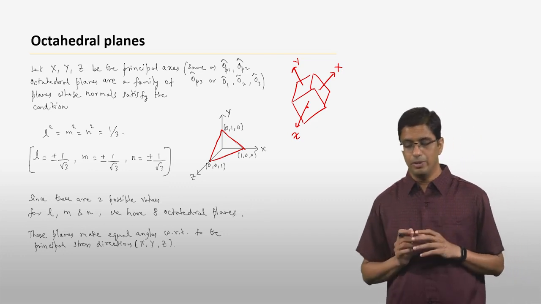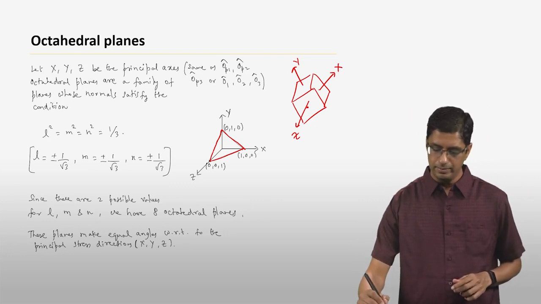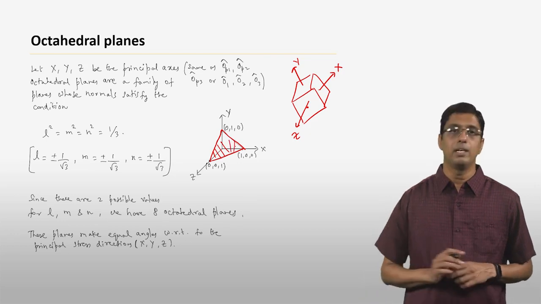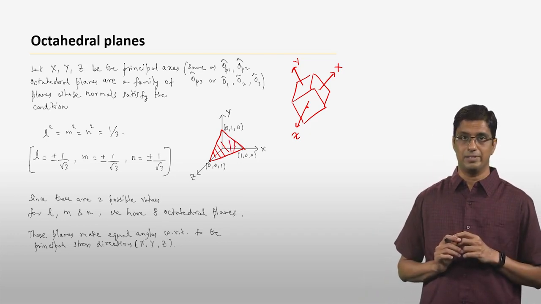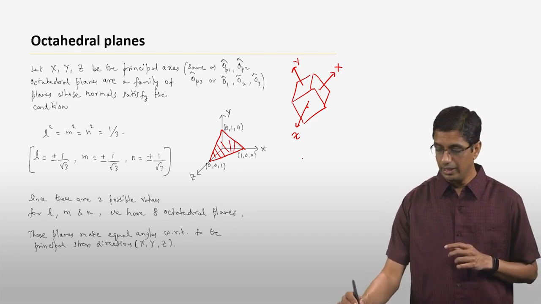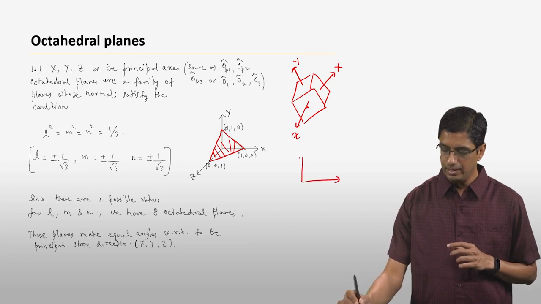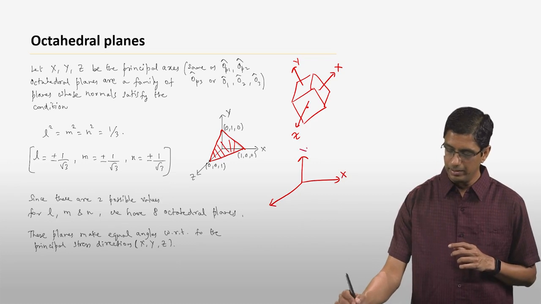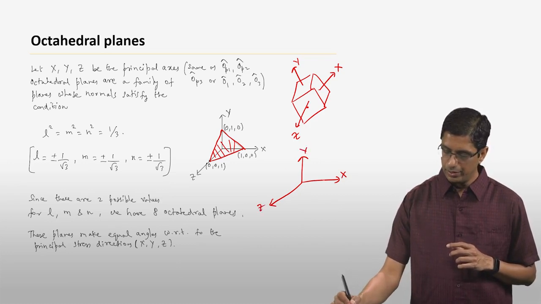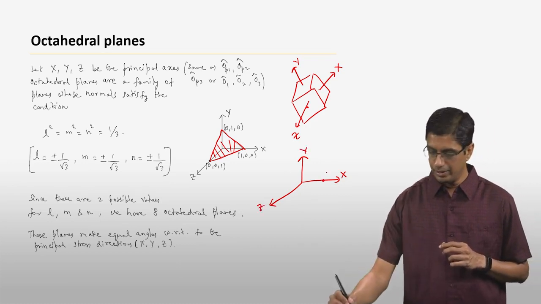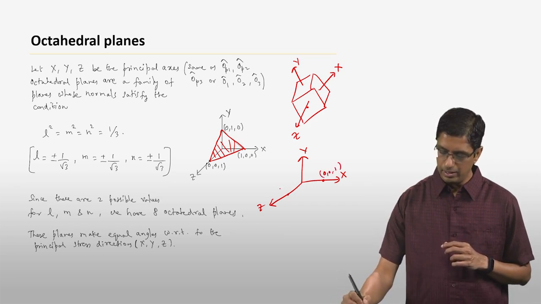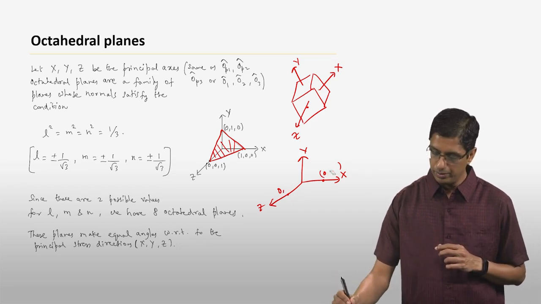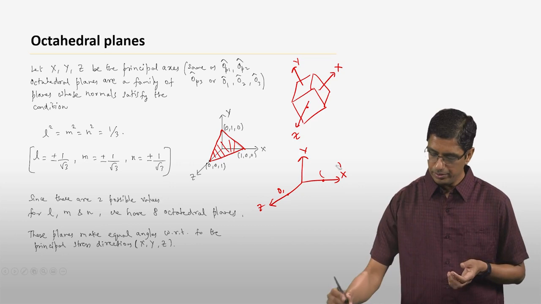Now you can think of this plane here. That is one of the planes that will satisfy this condition. You can think of another plane that will also satisfy this condition. I'm just giving an example where you go through this point, which is (0, 0, 1), and this point, which is (1, 0, 0).